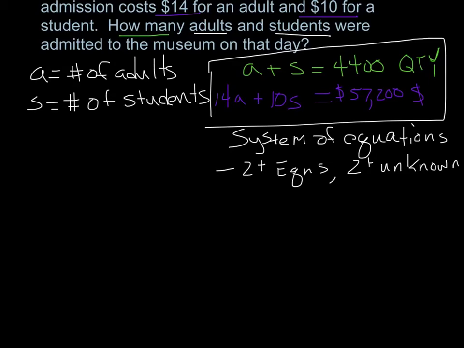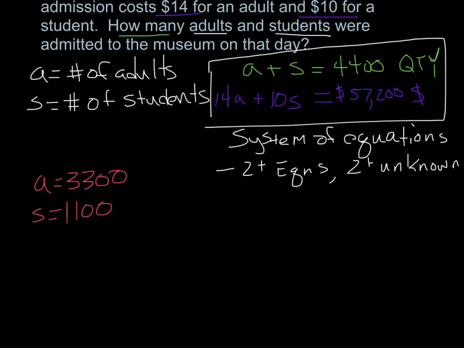Now, I will tell you that the solution to this happens to be that we had 3,300 adults and we had 1,100 students. Now again, we don't know how we got there, but let's just verify that this is true for a second.